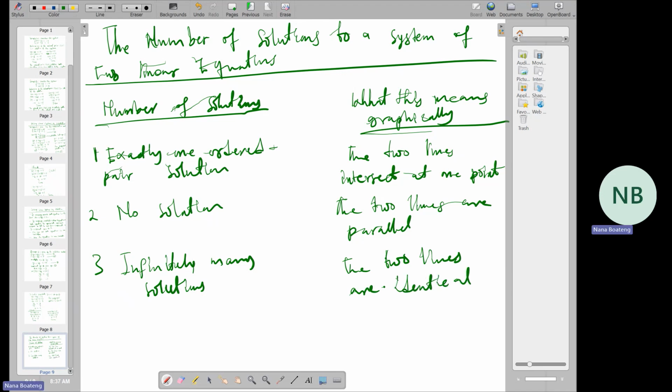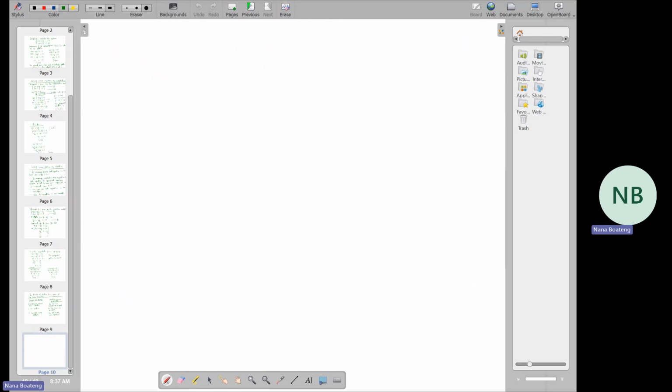Okay, so this is how it looks graphically for exactly one solution. If this is your y-axis, and this is your x-axis, the linear system, if it has exactly one solution, has two lines.